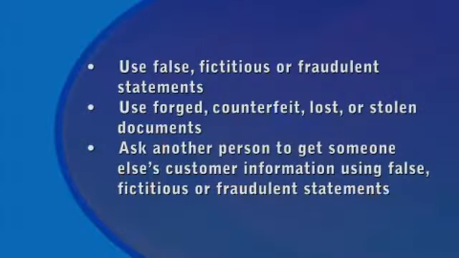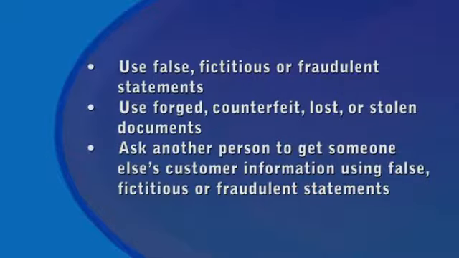Under federal law, the Gramm-Leach-Bliley Act, it's illegal for anyone to, under false, fictitious, or fraudulent statements or documents, get customer information from a financial institution or directly from a customer of a financial institution.